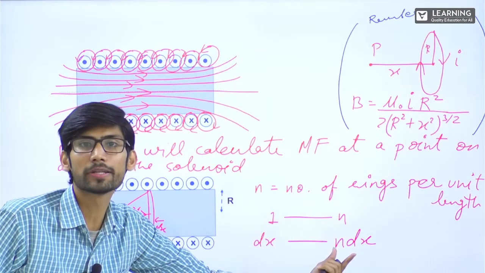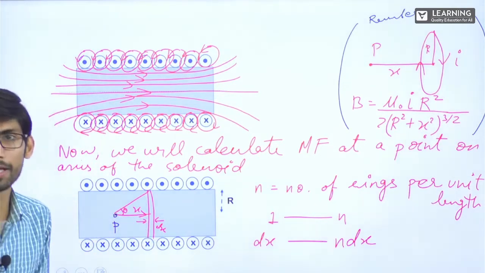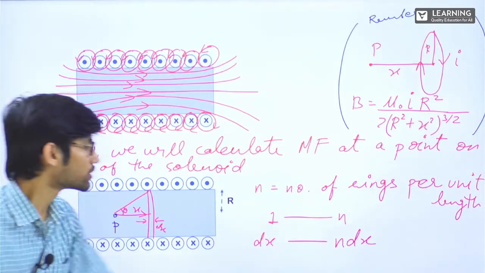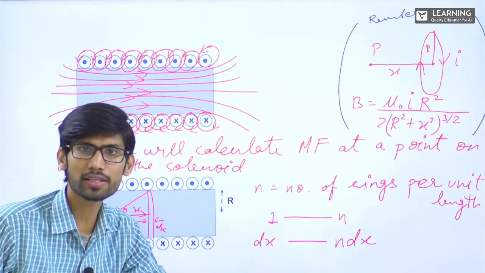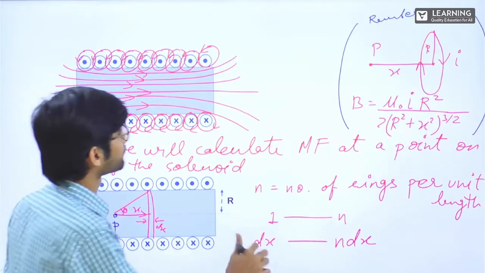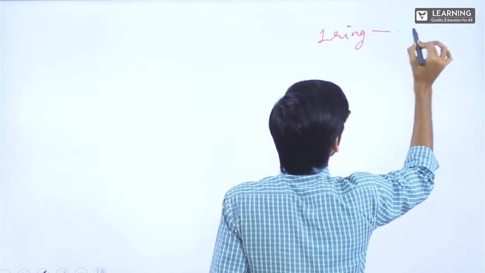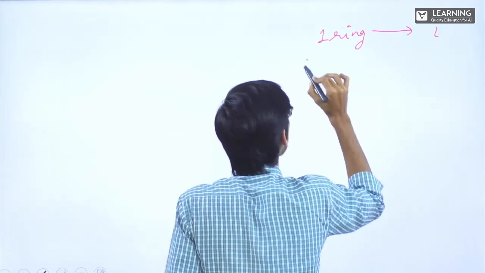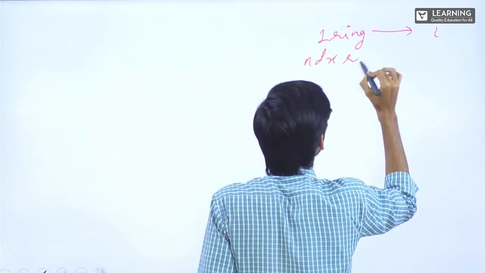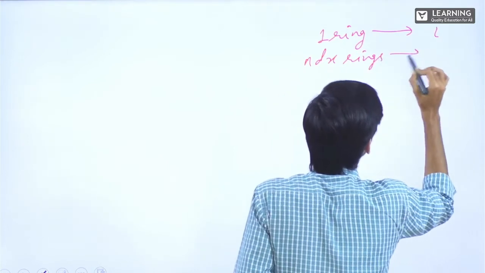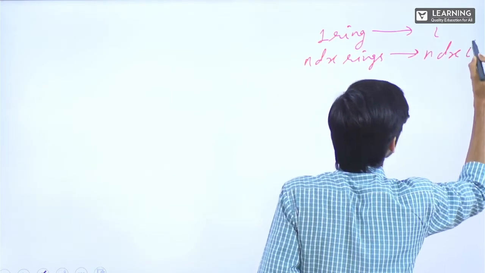So how much current will be there? n dx into I. In one ring, current is I. So in n dx rings, current will be n dx I.